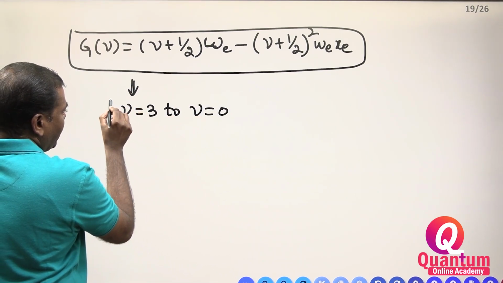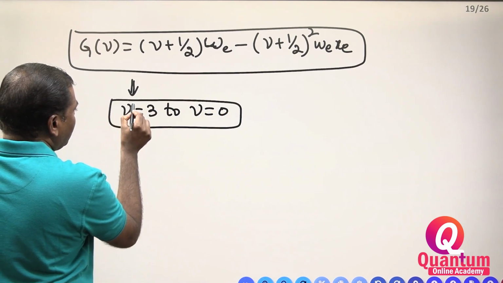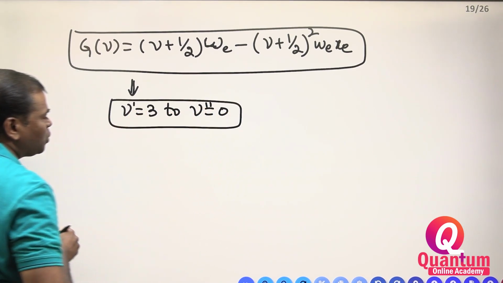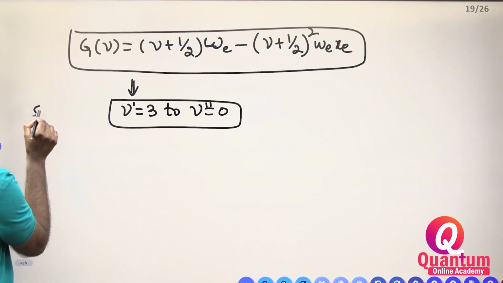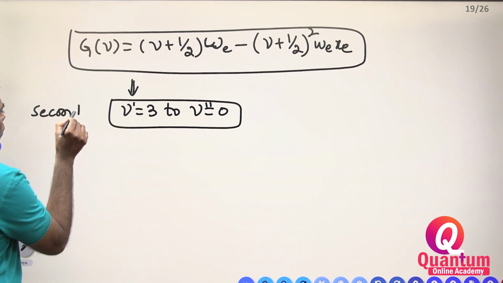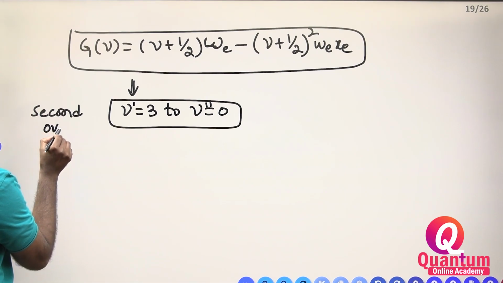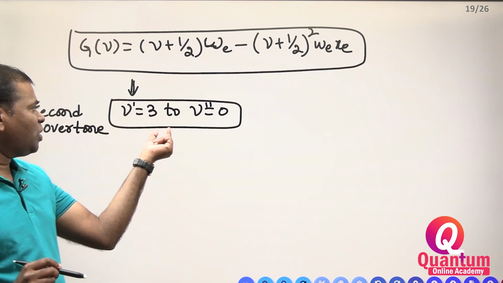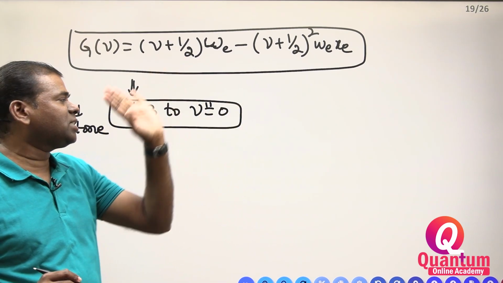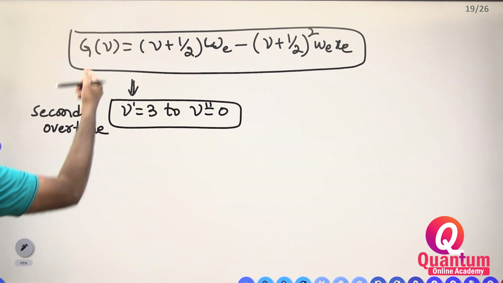Suppose you have to consider nu dash and nu double dash. Which transition is it? Second overtone transition, nu dash is equal to 3 to nu double dash is equal to 0. First you have to substitute.